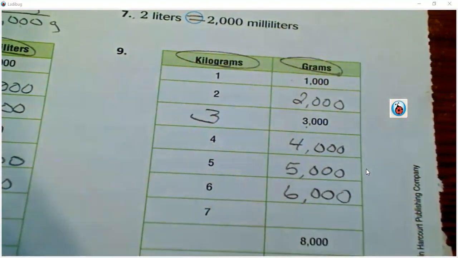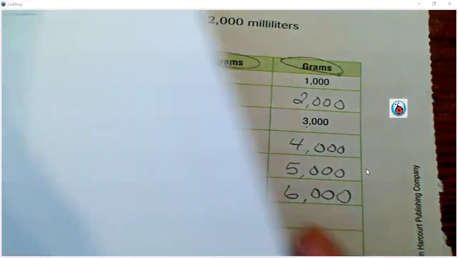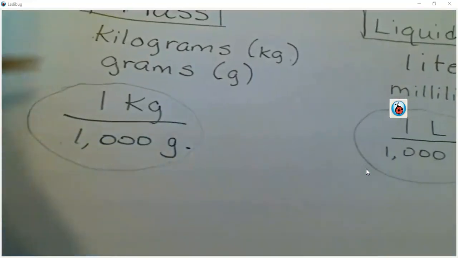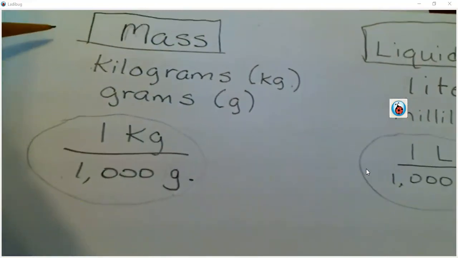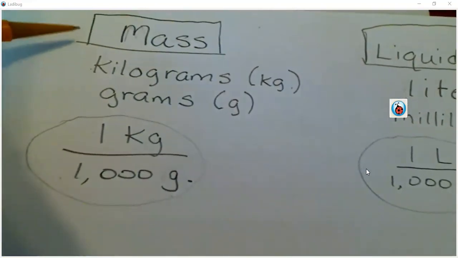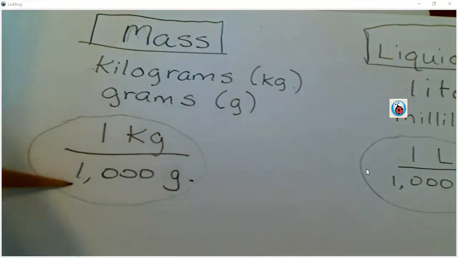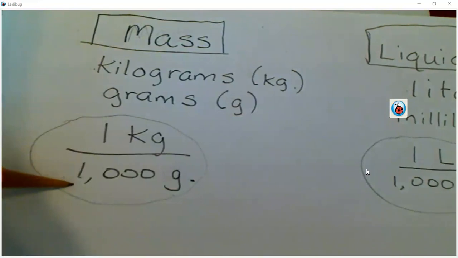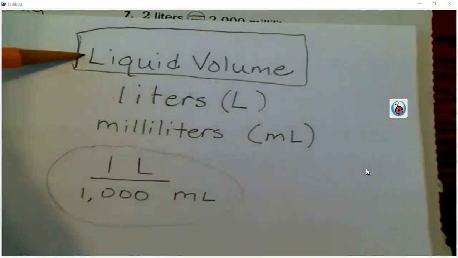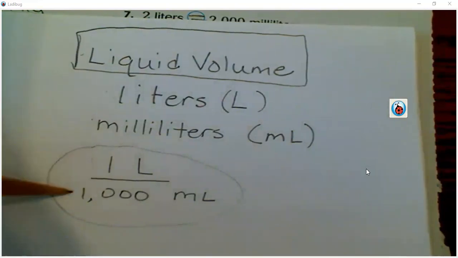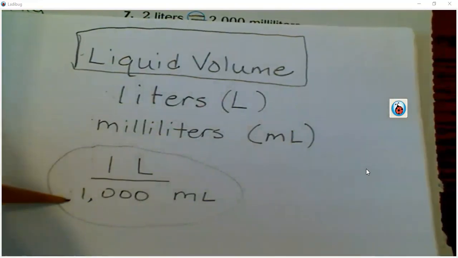And again, if it is helpful for you to give yourself a little cheat sheet, it's really just writing down the information, that mass is kilograms and grams. 1 kilogram is 1,000 grams. And in liquid volume, we're talking liters and milliliters. 1 liter has 1,000 milliliters.